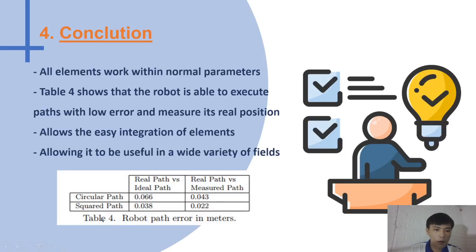Table 4 shows that the robot is able to execute tasks with low error and measure its real position, allowing easy interaction of the elements and making it useful in a wide variety of fields.